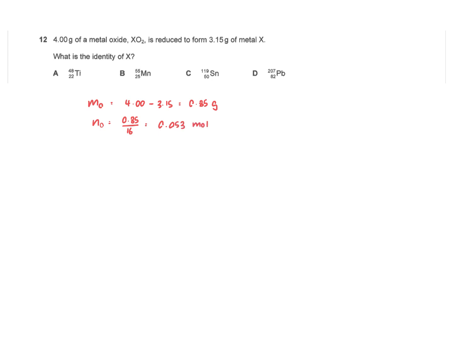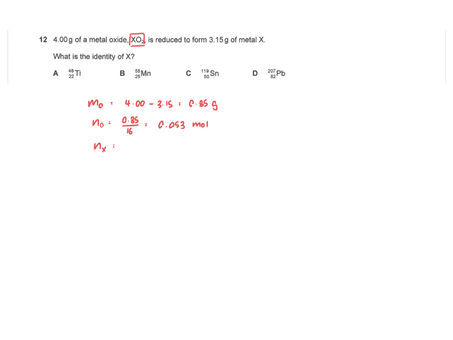Okay. Now from there, we can find the number of moles of your metal. How do we do that? Look at the formula of your metal oxide. The formula of your metal oxide is XO2, meaning for every mole of X, there are 2 moles of oxygen atoms.